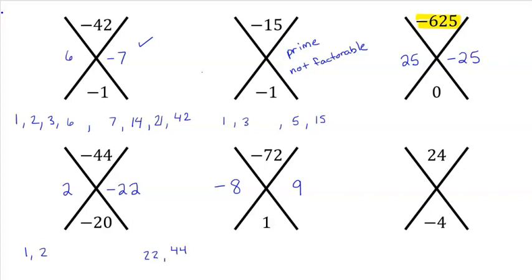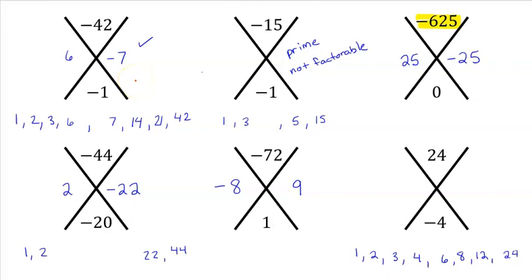And now let's take a look at this last one. So we're looking for numbers that are going to be 4 apart that give us a 24. 1 and 24, 2 and 12, 3 and 8 give me 5, but then I've got 4 and 6. And so looking at these, I don't have a pair that can give me a 4.